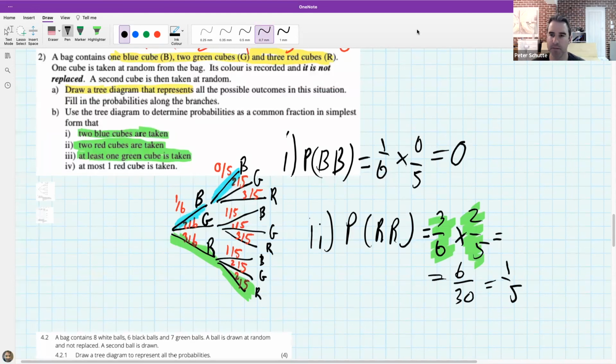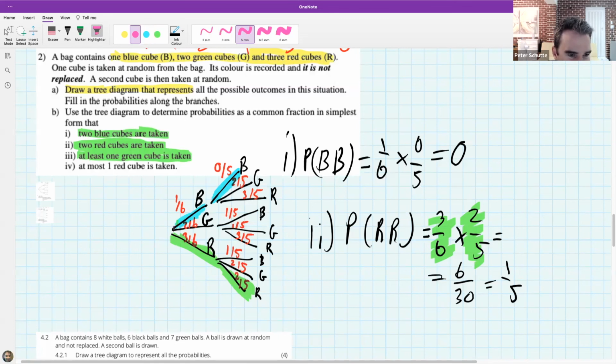Okay, what's the last one? It is going to be at least 1 green cube is taken. So it's actually going to be quite a few of these. Okay, so I'm going to stick with the color yellow, I guess. Or what color should I use? Let's use purple.